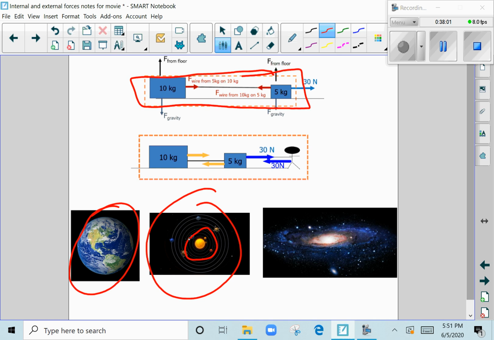However, the solar system isn't actually moving across the universe because of these forces between the sun and the planets. That's because all of the forces of gravity between each one of the planets and the sun are internal. It's not going to affect the solar system at all. But our solar system is in fact moving in a circle around a galaxy because of all the external forces that the galaxy exerts on our solar system, particularly the big black hole that we have in the center of our Milky Way galaxy that's causing everything to rotate around it.